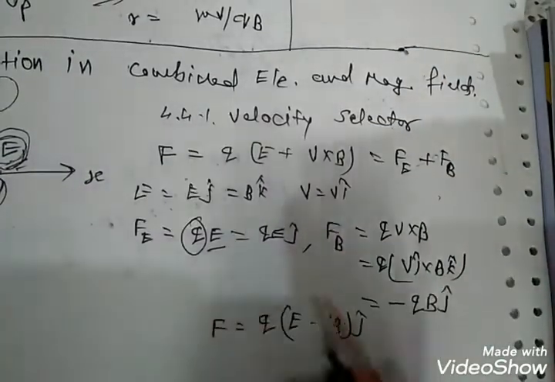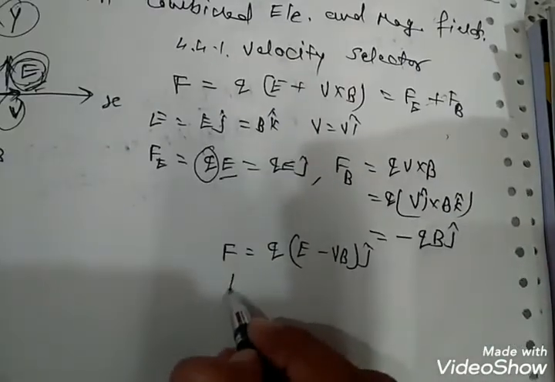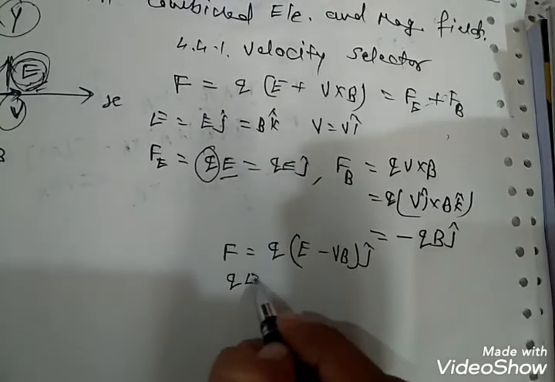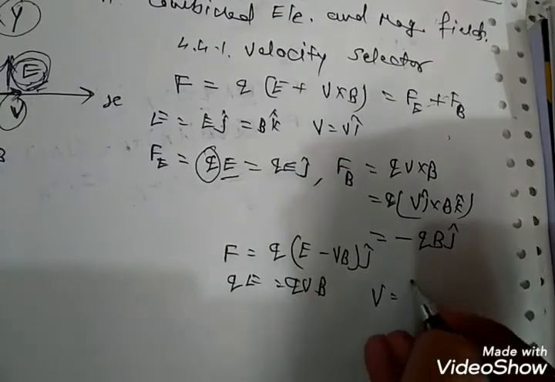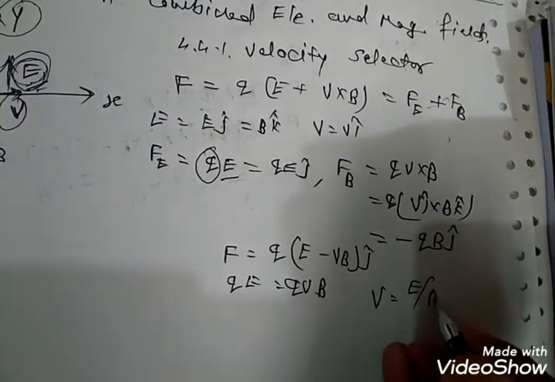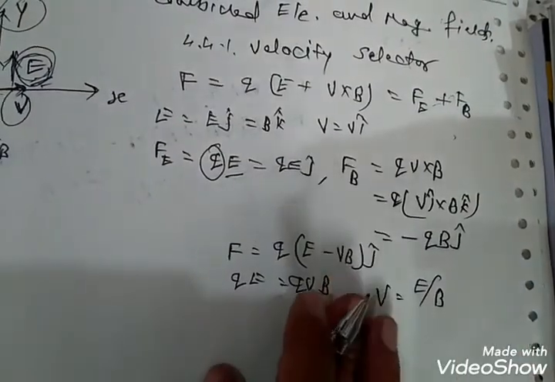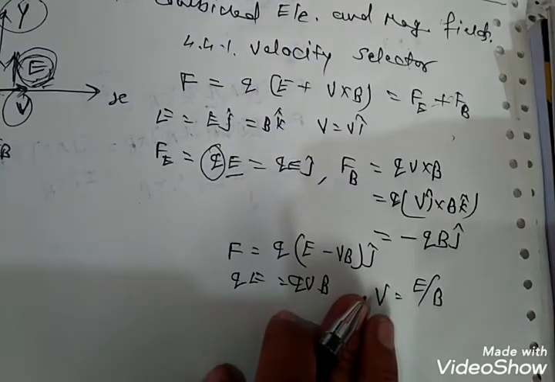This happens when qE is equal to qvB, or v is equal to E upon B, the electric field upon the magnetic field. So this condition can be used to select a charged particle of a particular velocity out of a beam containing charges moving with different speeds.